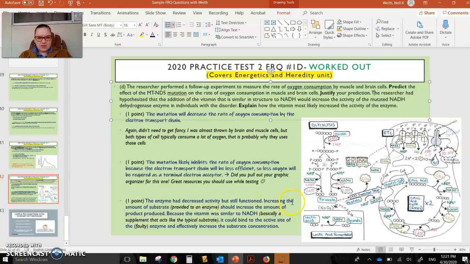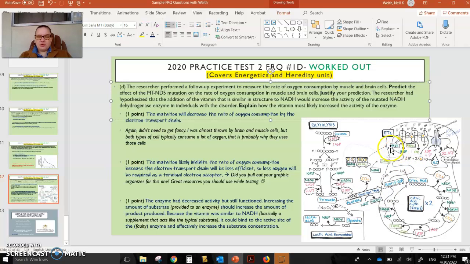Cell function. Increasing the amount of substrate, so this vitamin, should increase the amount of product produced because the vitamin was similar to NADH. It's a supplement that acts like it. It could bind to the active site of the enzyme and effectively increase substrate concentration.